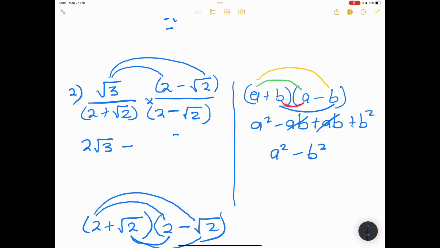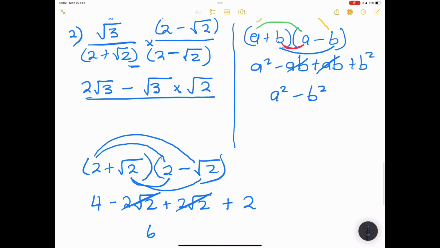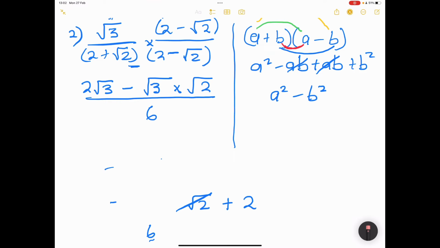Please remember, we did say that you can write it as root 3 multiplied by root of 2, in this case, divided by, now remember, at the bottom, what did we have? We ended up with 6, okay? So, if you don't mind, I'm just going to remove all of this, all right?